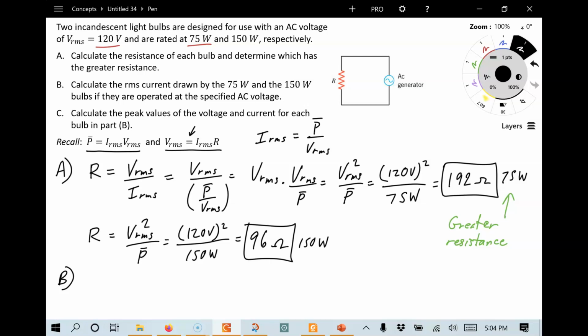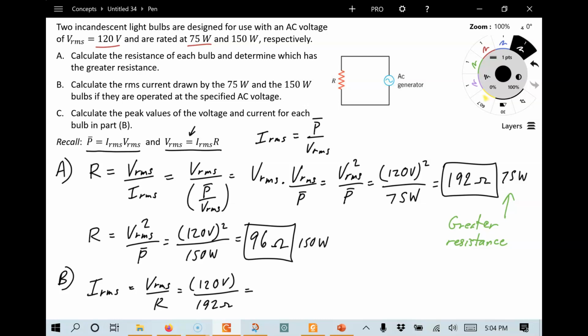Using Ohm's law to calculate I, I RMS is equal to V RMS divided by R. Now for the 75 watt bulb, well, we've got 120 volts, and the resistance for the 75 watt bulb is 192 ohms.